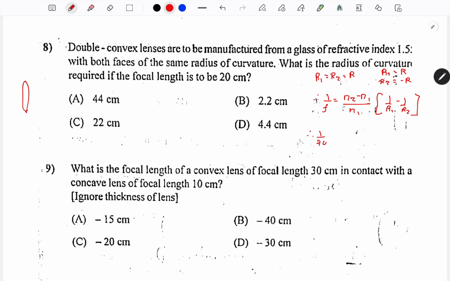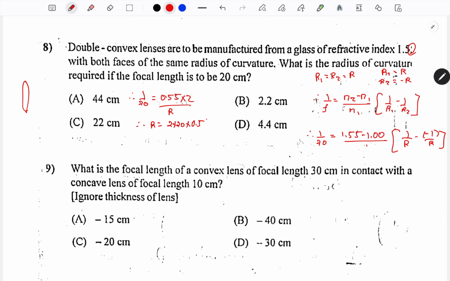Therefore we can write that 1 by 20 is equal to, here I think it's 1.5, so 1.5 minus 1 divided by 1 into, here 1 by R minus minus 1 by R, so it will be 2 by R. Therefore 1 by 20 is equal to 0.5 into 2 divided by R. So therefore R is equal to 2 into 20 into 0.5.